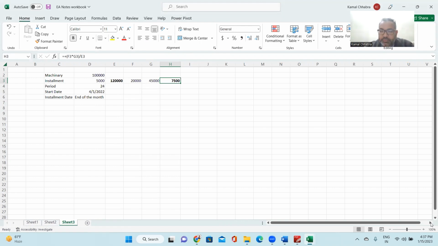Everyone agree to it? Right? So in year 1, what exactly are you doing? You are deferring the profit to the next year. How much profit are you deferring? 20,000 minus 7,500. So in this scenario, when you have elected the capital gain to be taxed, you are taxing only 7,500 in the current year and 12,500 you will be taxing in year 2.